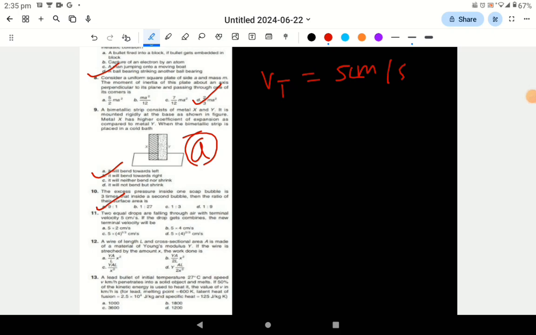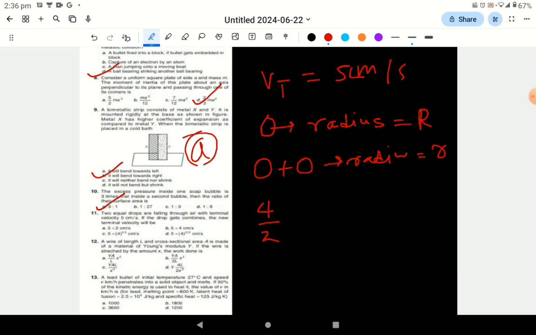So when two drops will be mixed, let one drop be of radius r, and when two drops are added, the radius, let's say, will be R. So 4 by 3 pi r cube into 2 is equal to 4 by 3 pi R cube.